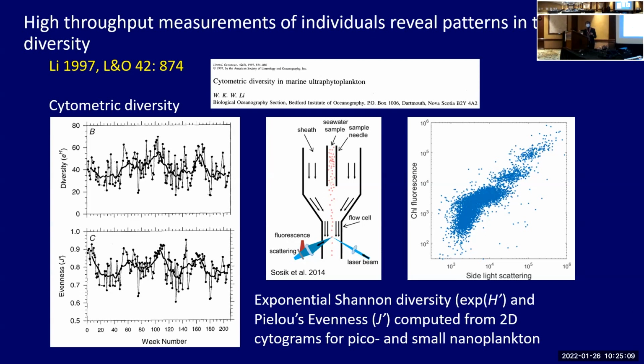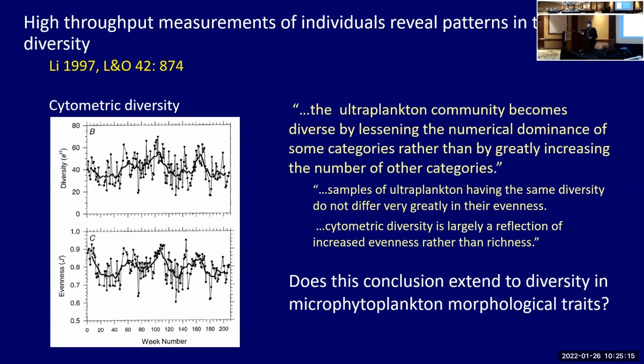I should mention that this analysis was focused on small phytoplankton, so pico to small nanoplankton. And one of the conclusions that he made from this study, both based on this time series and some spatial sampling, is that this kind of cytometric diversity in the cell properties is largely driven by changes in evenness rather than richness.